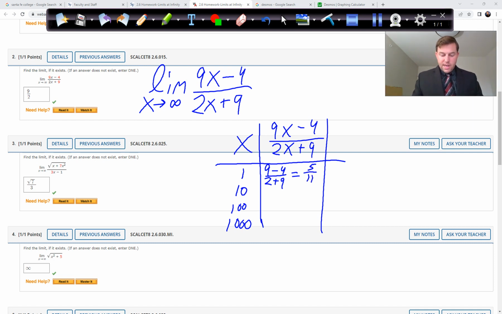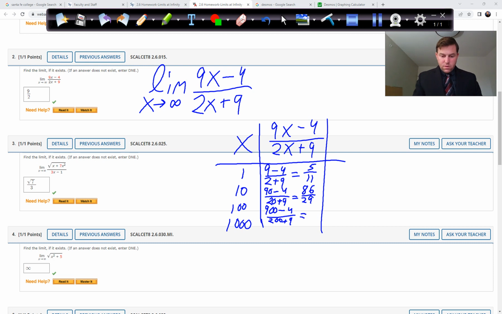Let's say you plug in 10, you get 90 minus 4 all over 20 plus 9. Well, this would be 86 over 29. Now let's say we pick 100. You would get 900 minus 4 over 200 plus 9.